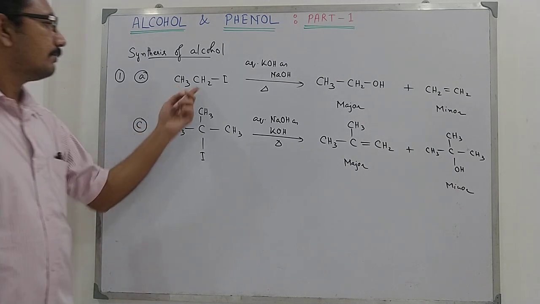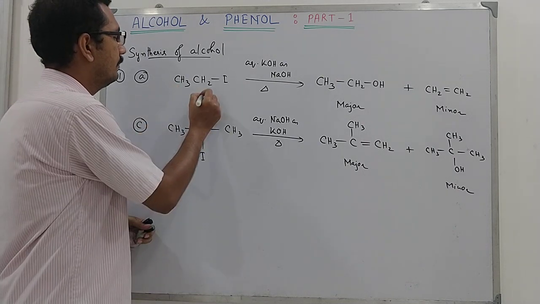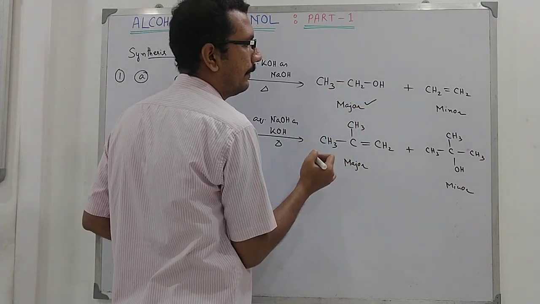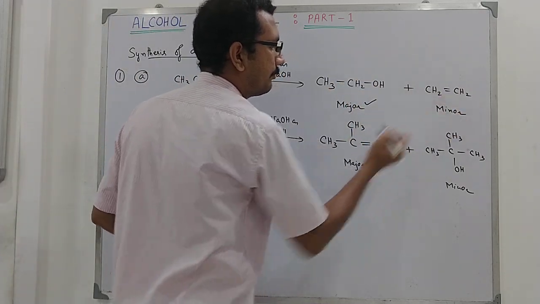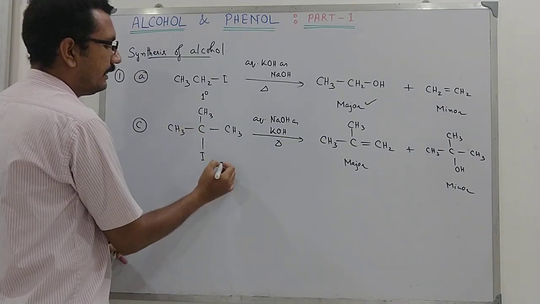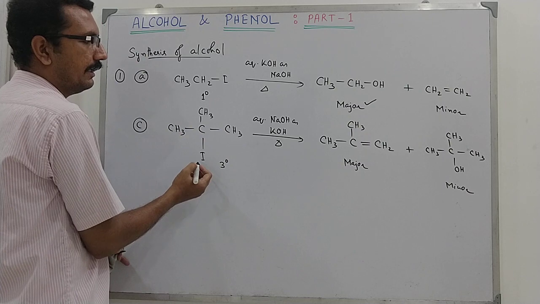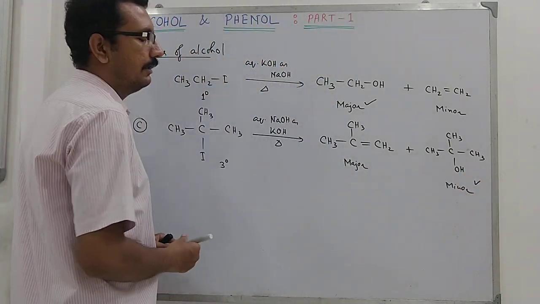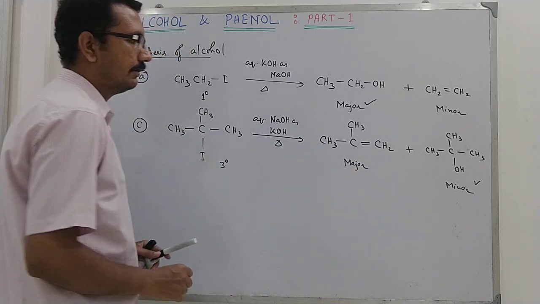See, when we use 1 degree halide, we get alcohol as the major product and alkene as the minor product. But when we use 3 degree alkyl halide, tertiary alkyl halide, we get alcohol as the minor product and this one as the major product.